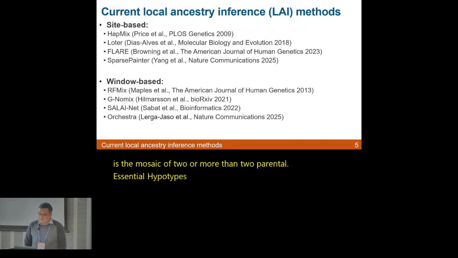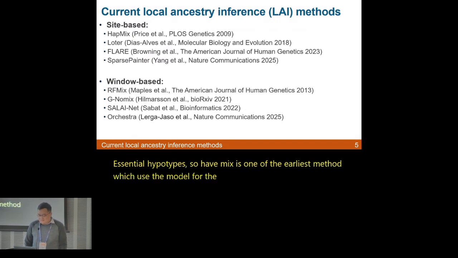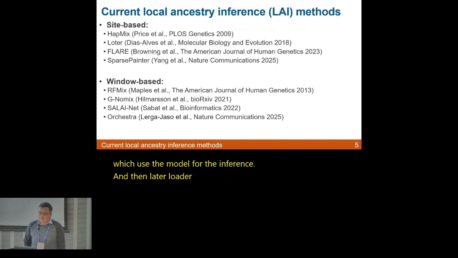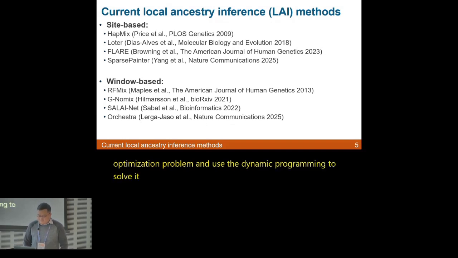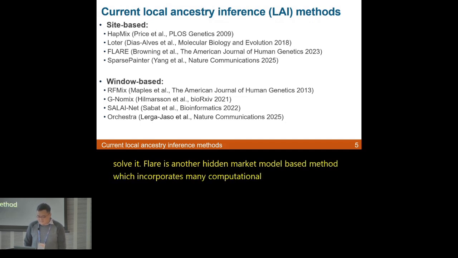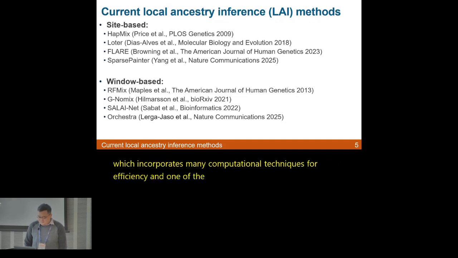Recomb-Mix is one of the earliest methods which used the Li and Stephens model for inference. Later, Lothar formulated this problem as a graph optimization problem and used dynamic programming to solve it. Flare is another hidden Markov model-based method which incorporates many computational techniques for efficiency. One of the recent site-based methods is SparsePainter.